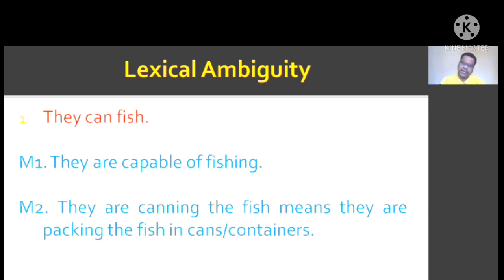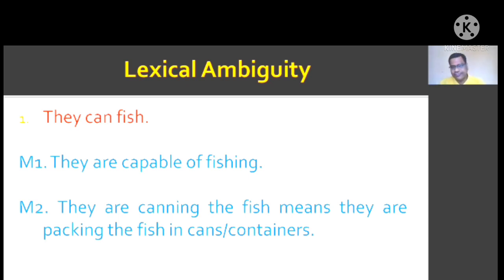The first interpretation of the sentence gives you a very obvious meaning: they are capable of fishing. Can is a word that lets you know about your capability, capacity. So the meaning is they are capable of fishing, right? On the other hand, you can interpret it in different ways.